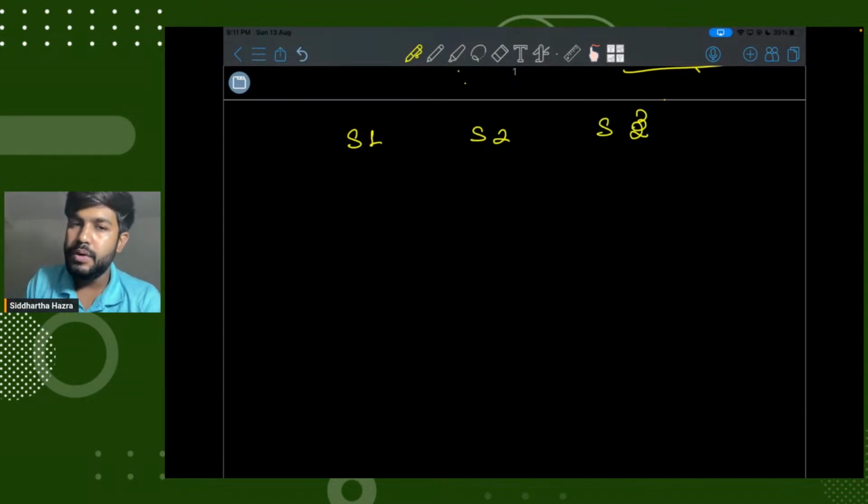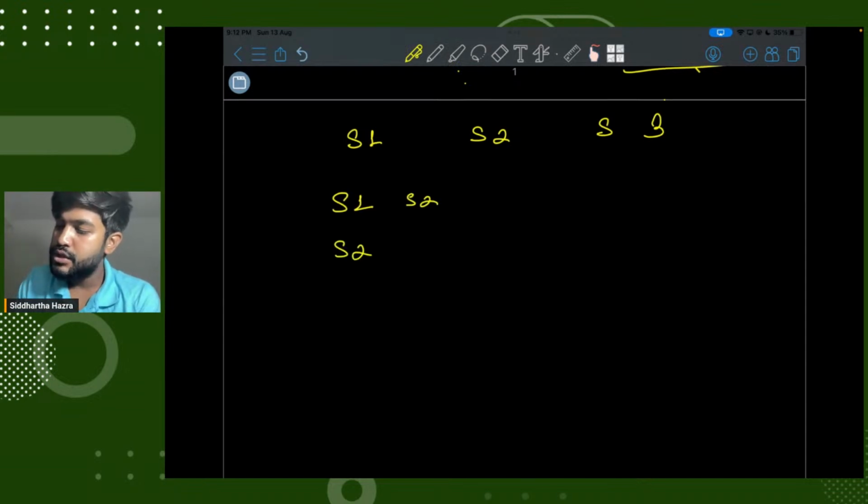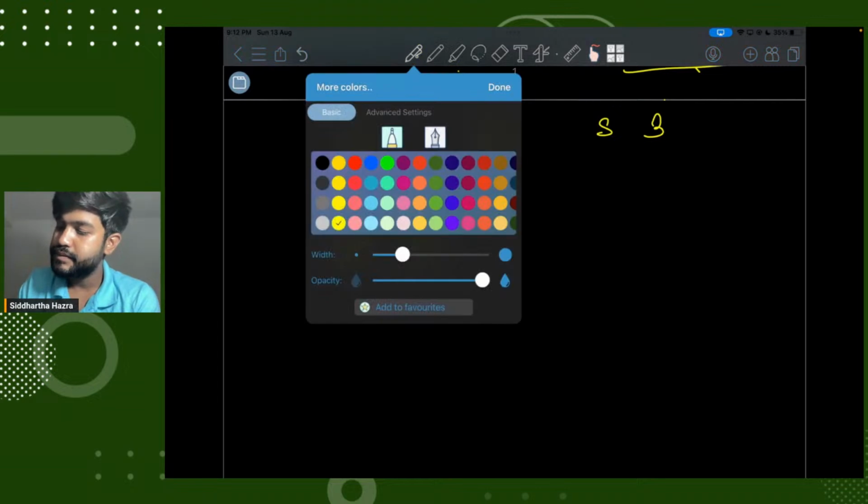Okay, so what I would do is I would try to compare all of them. I would compare S1 with S2, then S2 with S3.